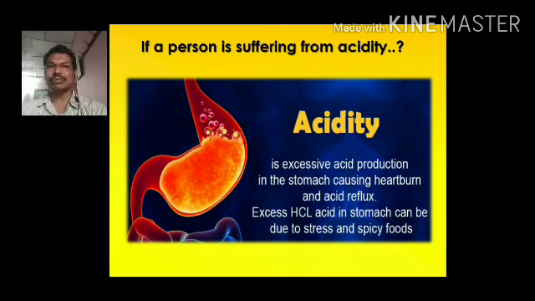Acidity is an excessive acid production in the stomach causing heartburn and acid reflux. Excess HCl acid in the stomach can be due to stress and spicy foods. If you feel stress or if you take more spicy food, then it causes acidity.